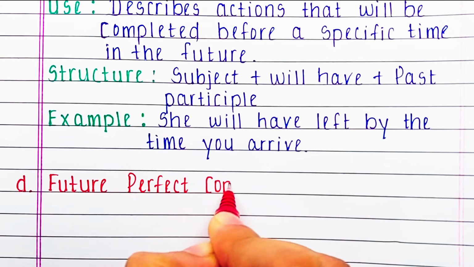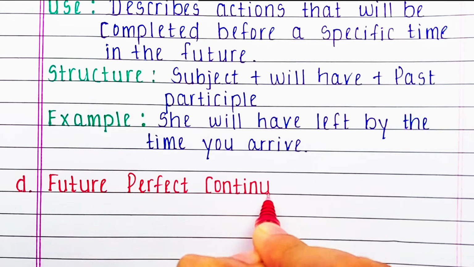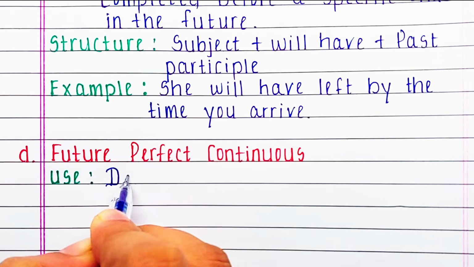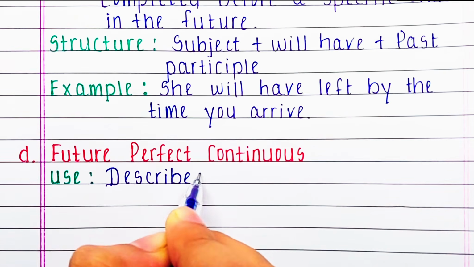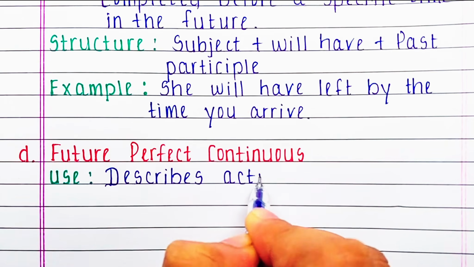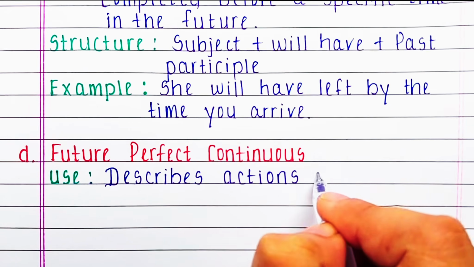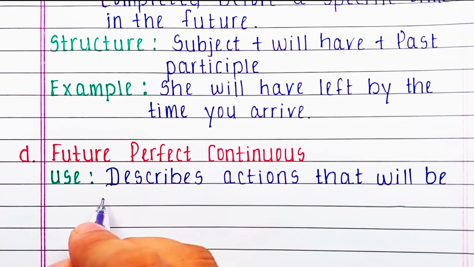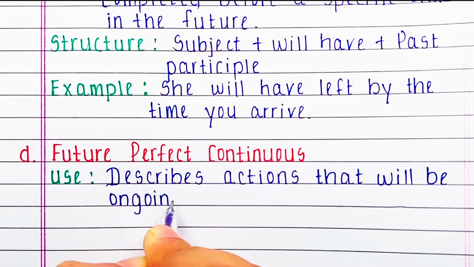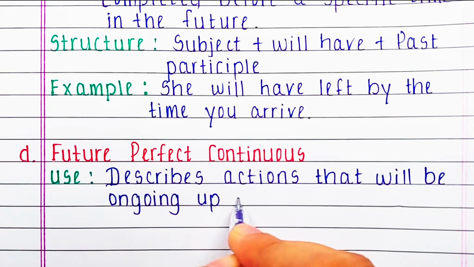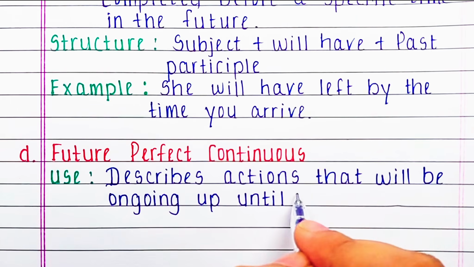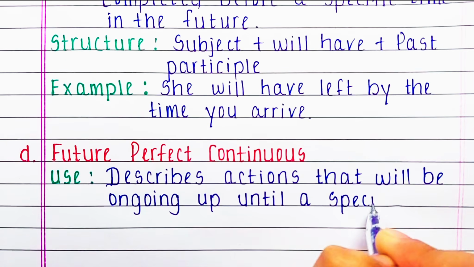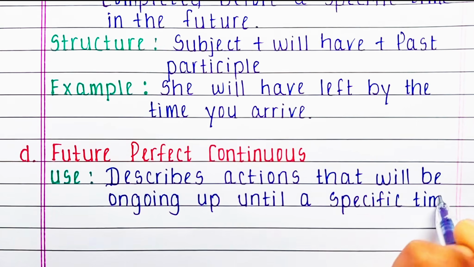Last subtype of future tense, future perfect continuous. It is used to describe actions that will be ongoing up until a specific time in the future.